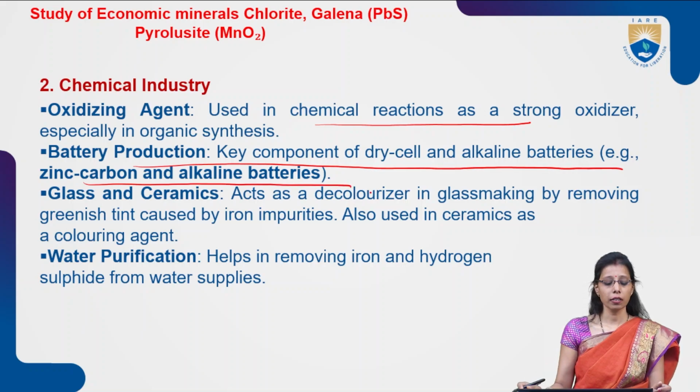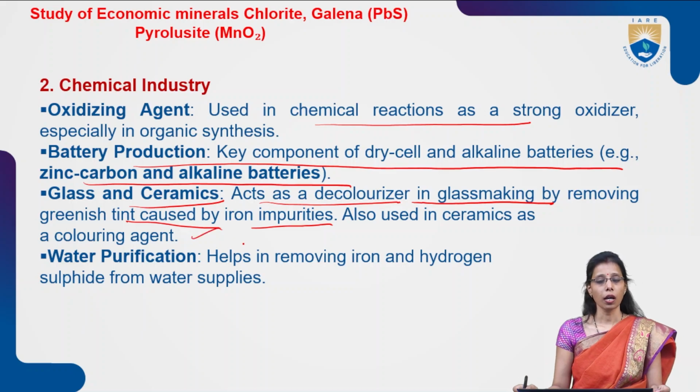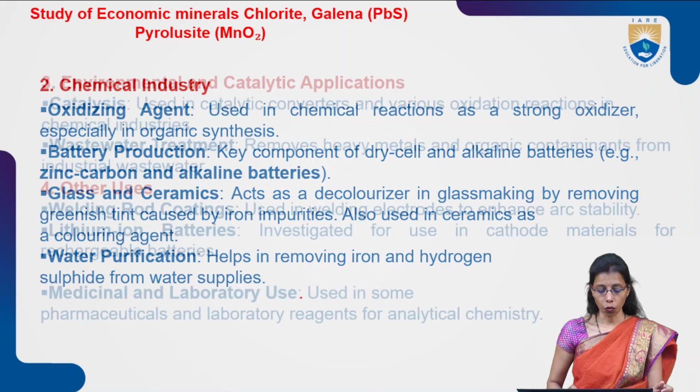The third application is glass and ceramics. It acts as a decolorizer in glass making by removing the greenish tint caused by iron impurities, and it is also used in ceramics as a coloring agent. In water purification, pyrolusite helps in removing iron and hydrogen sulfide from water supplies.